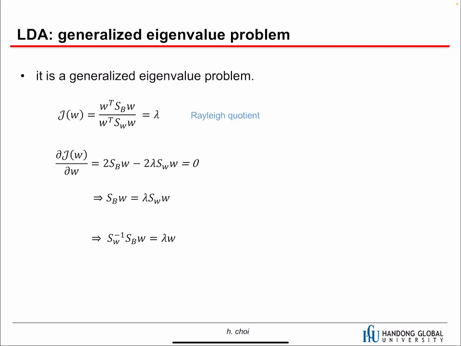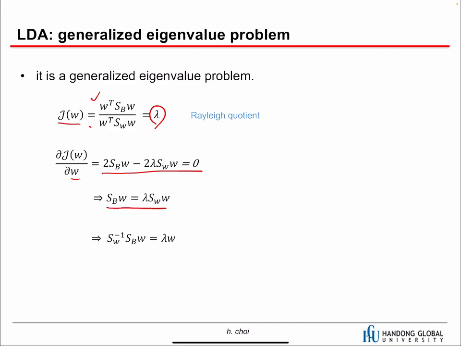LDA is actually a generalized eigenvalue problem. In PCA, the problem was just eigendecomposition, right? But in LDA, we have a numerator and a denominator. If we have lambda here, which is a Rayleigh quotient, then we take a derivative of this objective function with respect to w, and set it to 0, then this is what we have.